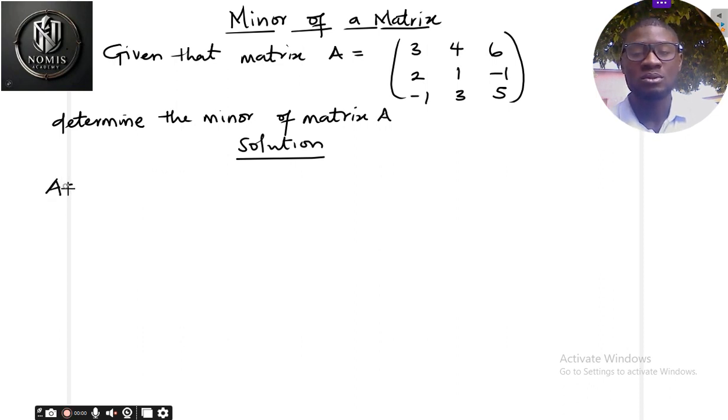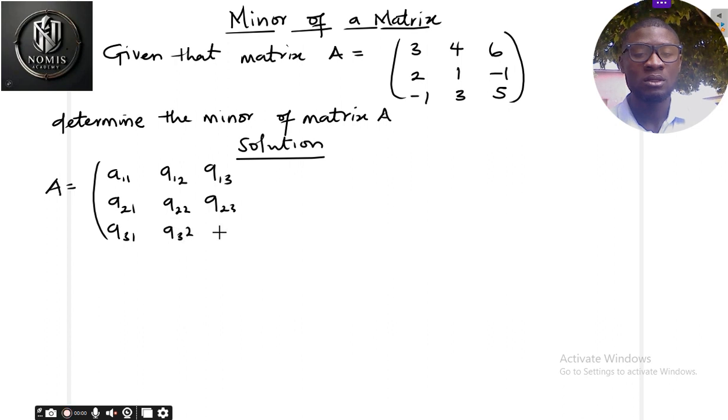That is to say, A is A11, A12, A13, A21, A22, A23, A31, A32, A33. Now, when we find the minor of a matrix, it will be represented as Mij.